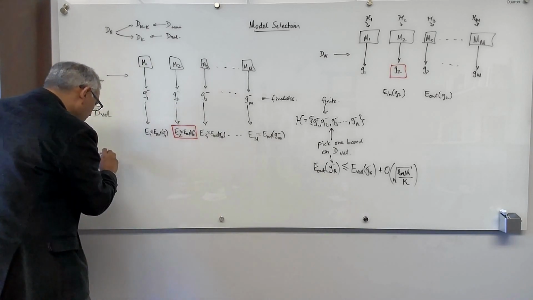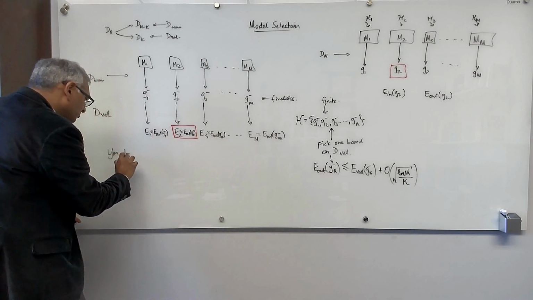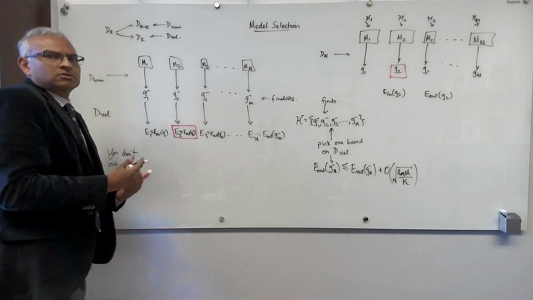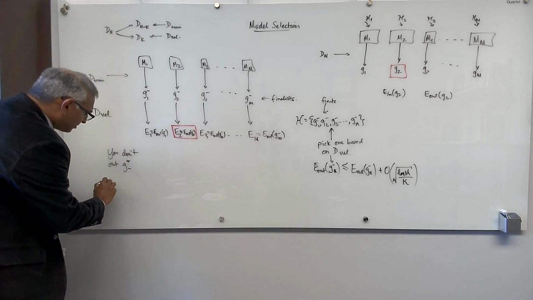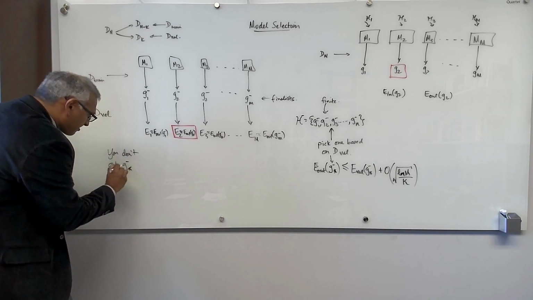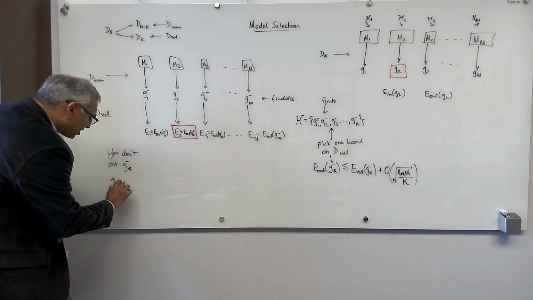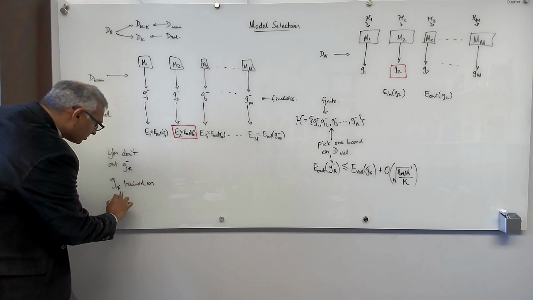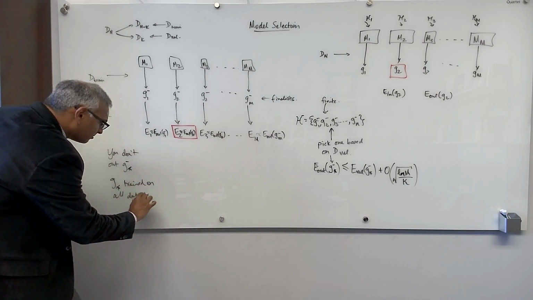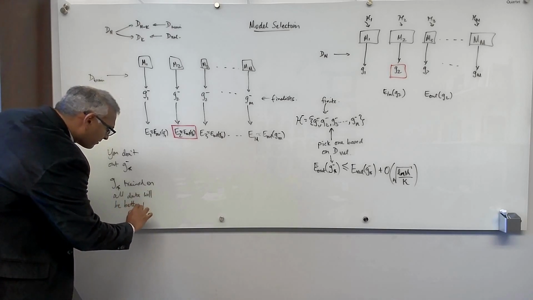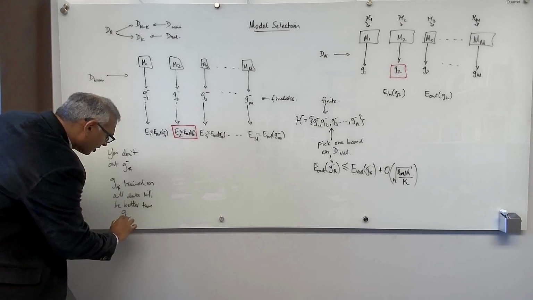You don't output G star minus, because it's always going to be the case that G star trained on all data will be better than G star minus.